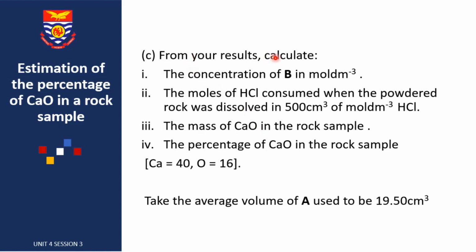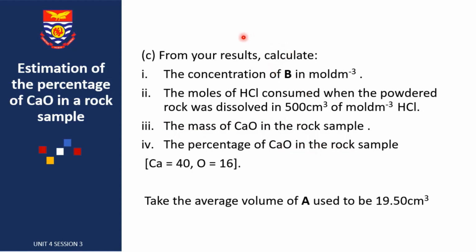And we are to find the amount concentration of B in mol per dm cubed and the moles of HCl consumed when the powdered rock sample is dissolved in that 500 cubic centimeters of the 0.1 molar HCl. And then we have to find the calcium oxide in the rock. We have to find the percentage.